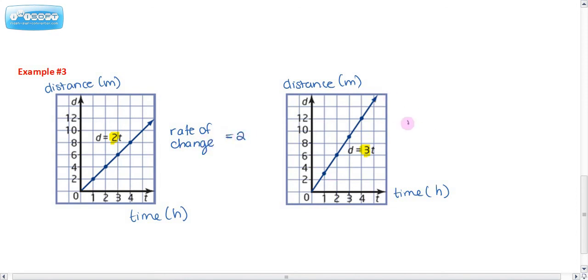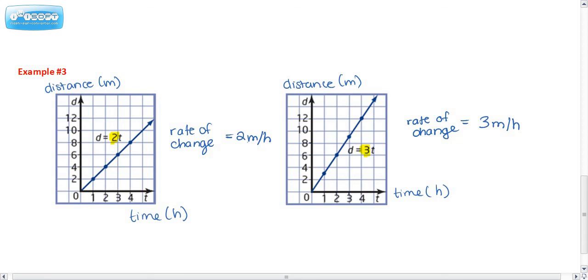In this line we have a rate of change of 3. This is 2 meters per hour and this is 3 meters per hour. So which one has the faster rate of change? That would be the second graph here, because it changes 3 meters for every hour, whereas the first graph changed 2 meters for every hour.